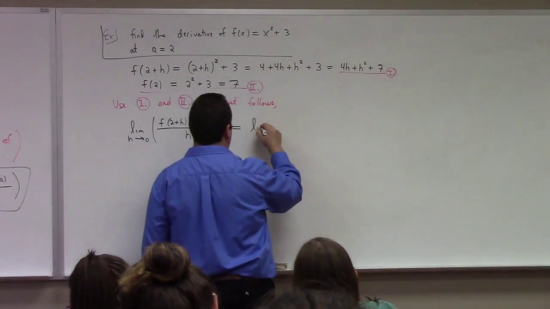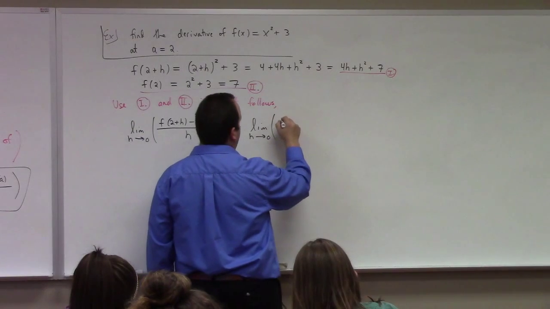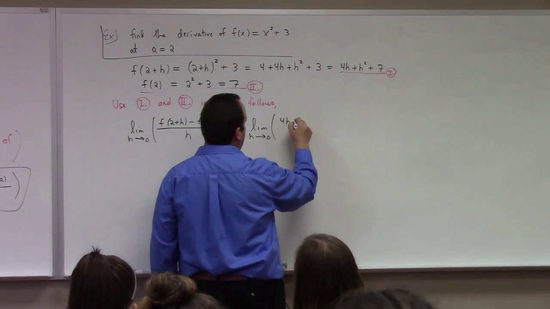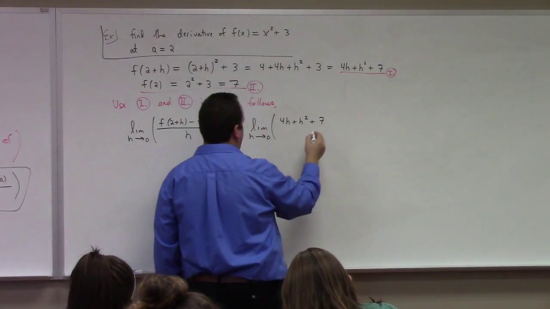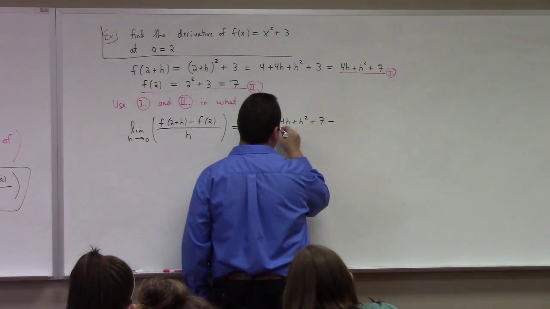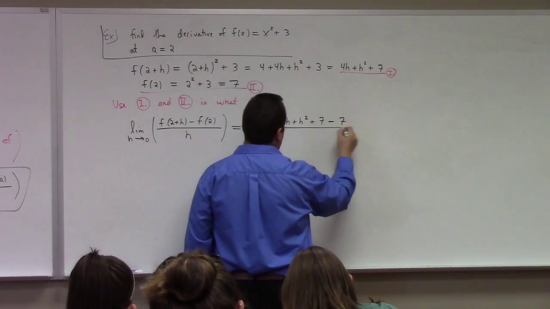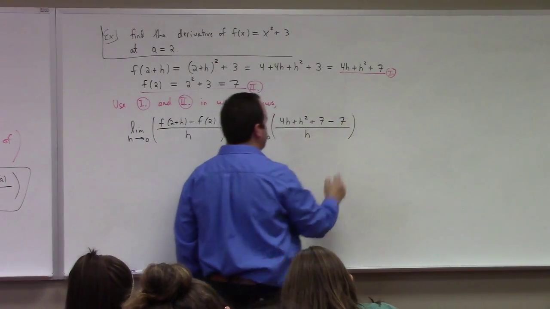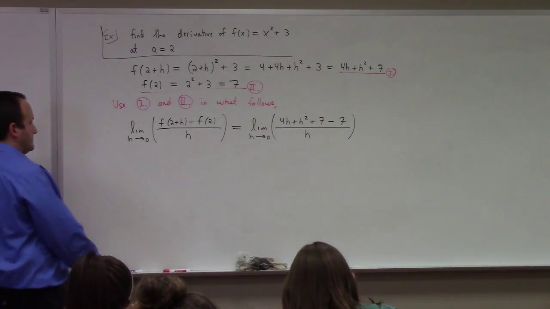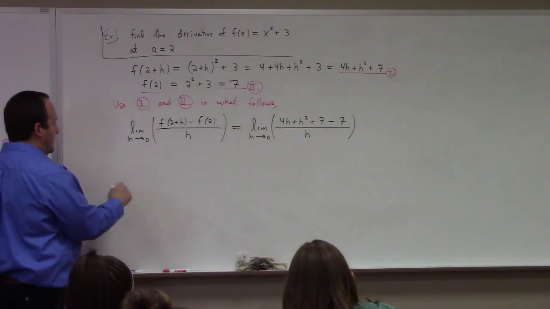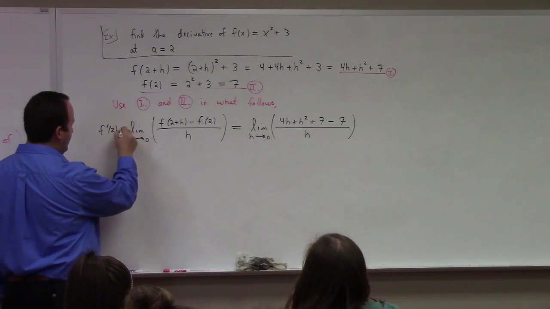That's the limit as h goes to 0 of, by 1, 4h plus h squared plus 7 minus what? f of 2 was 7, right? All divided by h. This is f prime of 2.